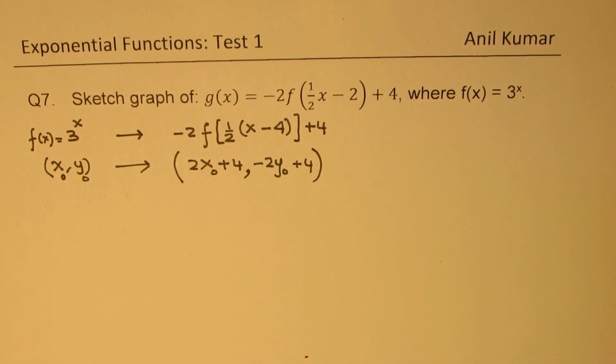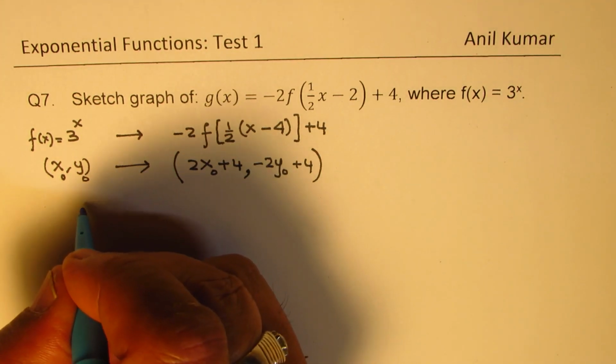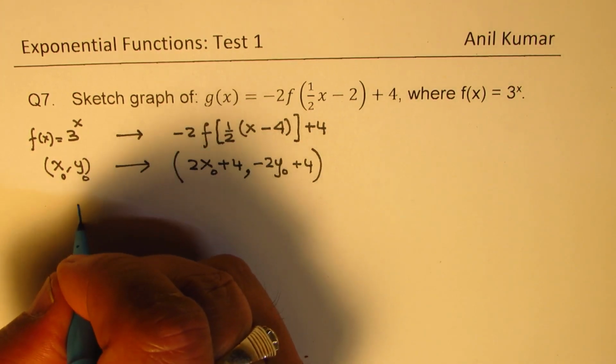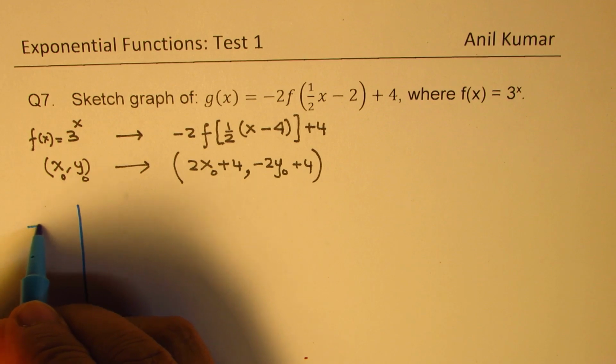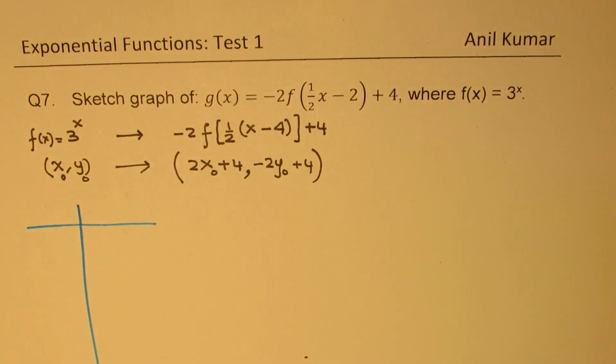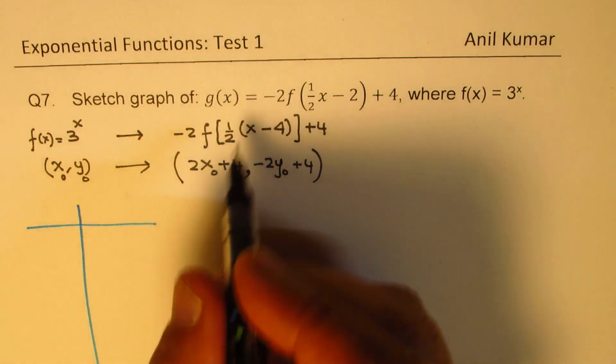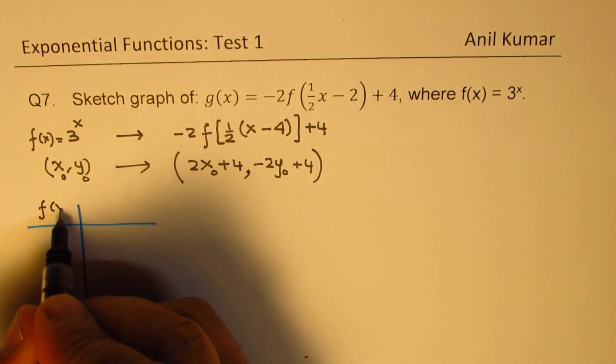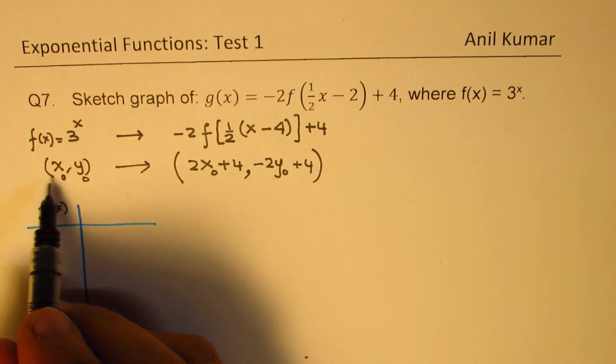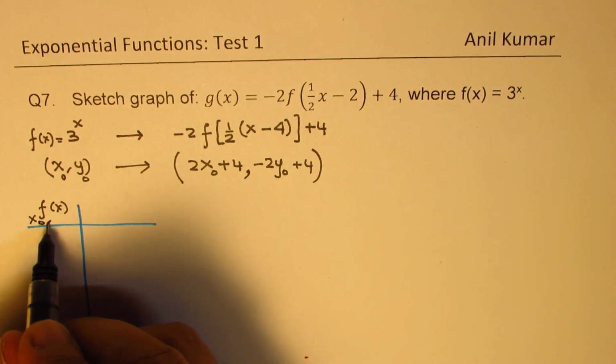So more or less we got an idea. Now to make a better graph, what we should do is take some values, right? We'll take a few critical values which can help us sketch a good graph. So let's call this function f of x, and the coordinate points will be x0, y0.